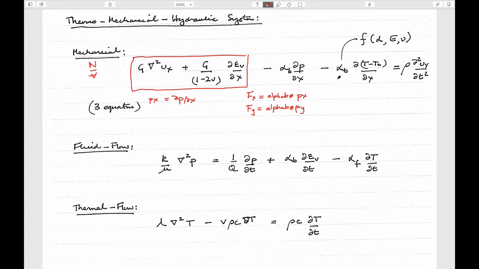It's a body force due to thermal expansion. The units of thermal expansion are, so thermal expansion of rocks is something like 10 to the minus 5 meters per meter per degree C. So these are strains, approximate magnitude.